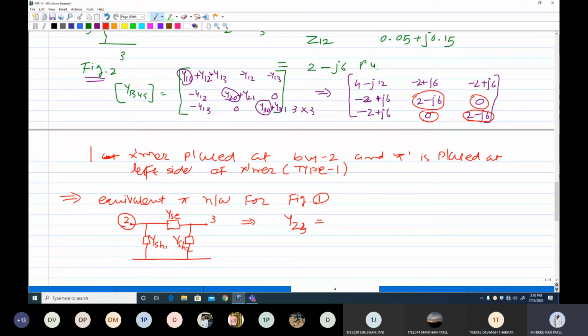So what is the value of Z23? Let me write to explain. 0 minus j0.5. Clear? So what is the value of Y23? 1 by Z. So the answer is 1 by Z. Only 2?